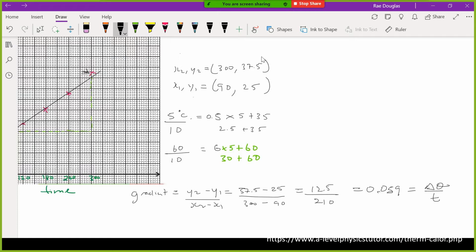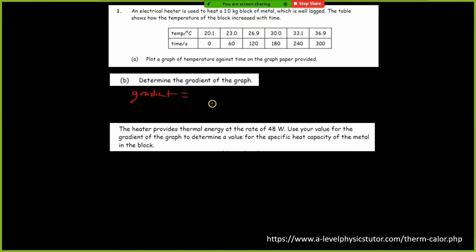That is what your gradient is, and obviously you can put a unit to this as well, degrees per second for argument's sake. To not run the risk of losing maybe a half mark, you can just put a unit right here. All right. So now we're going to take this information and bring it back over into this thing here.